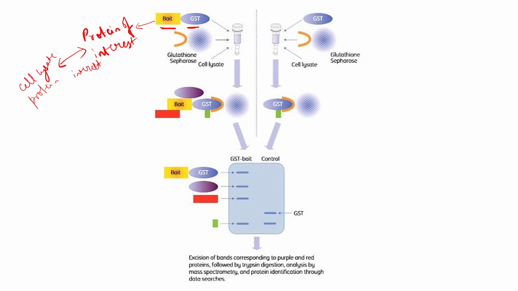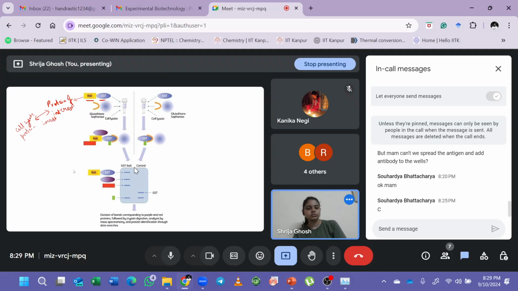You will get an antibody band and the bound protein band. So this is how immunoprecipitation or a pull down assay is done. Any doubt in this technique or in the question?